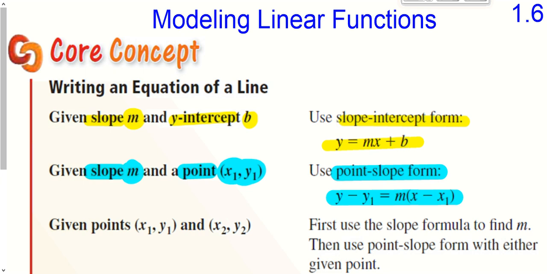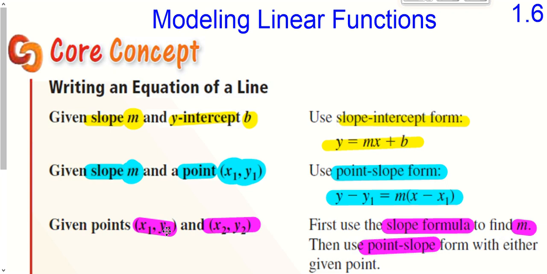And lastly, for now, if you are given 2 points, x1, y1, and x2, y2, then you are first going to use slope formula to find m, and then use point slope form, with either given point.